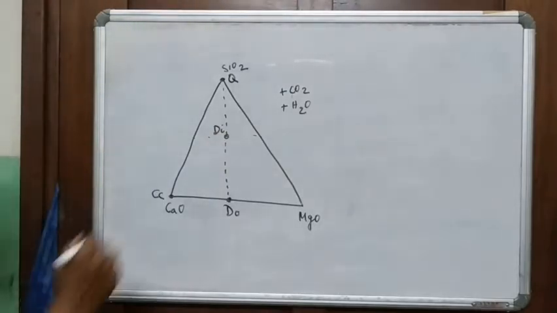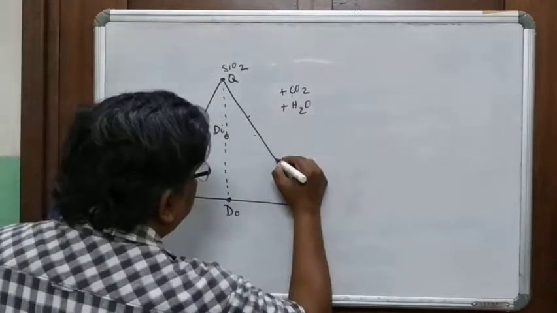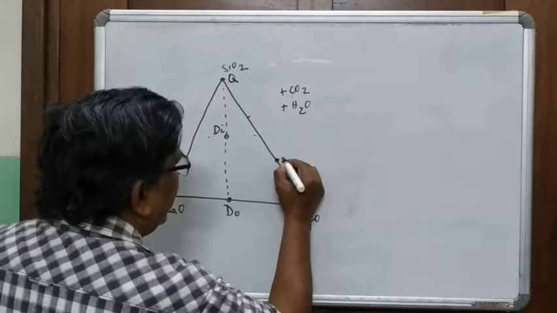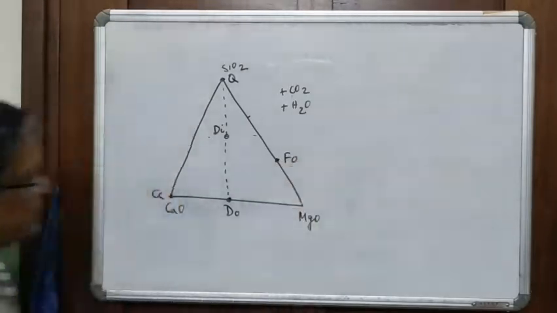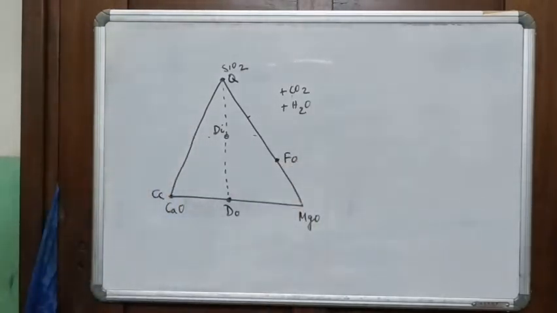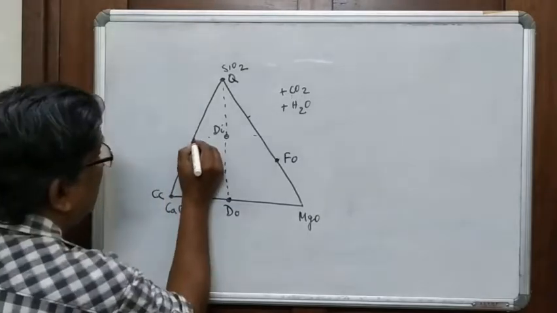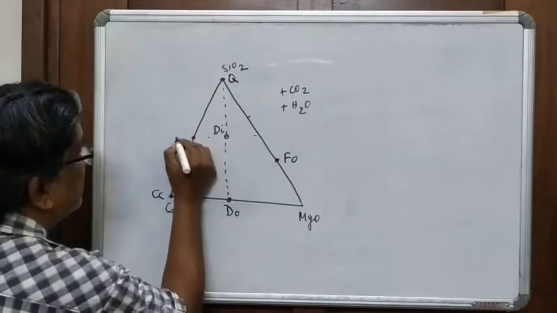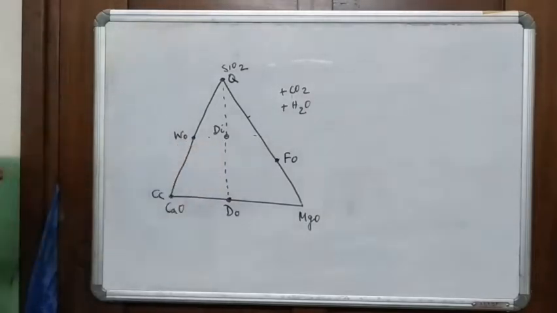And then somewhere down, if you divide it into 3, this is where you have forsterite. So these are the phases: quartz, dolomite, forsterite, yes. Another small phase that appears at around 50% is wollastonite.